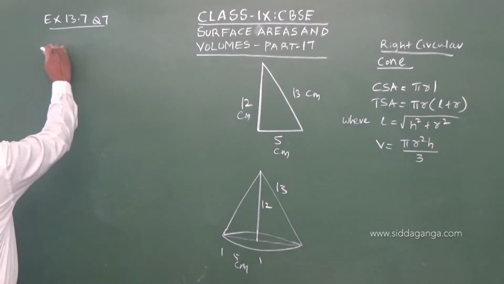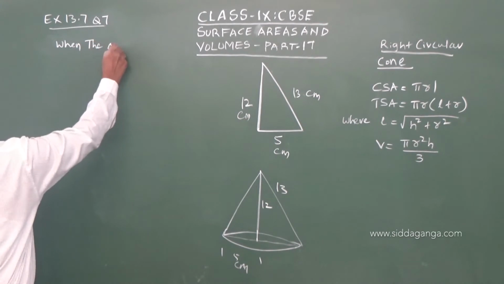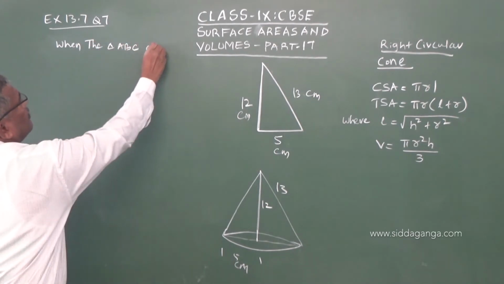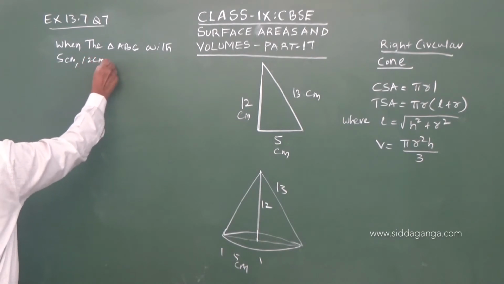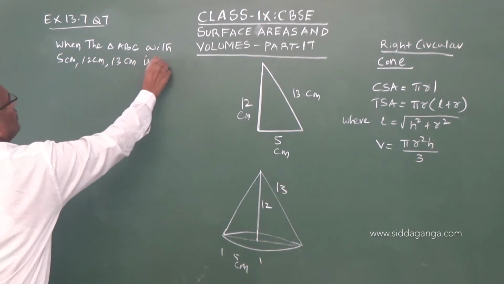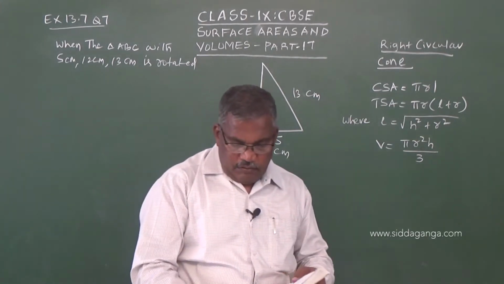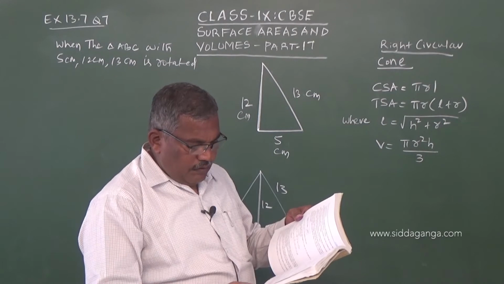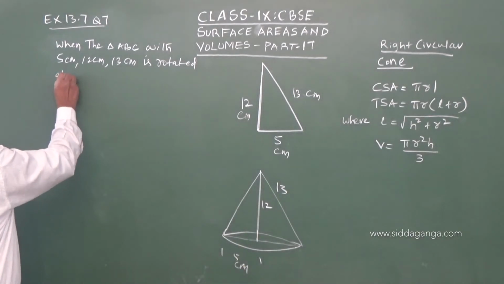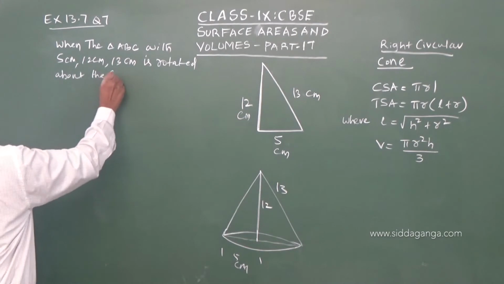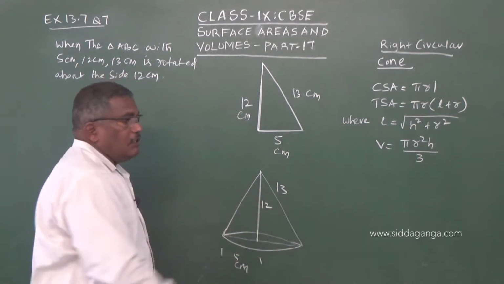Therefore, when the triangle ABC with 5 centimeter, 12 centimeter, 13 centimeter is revolved or rotated, they are one and the same, about the side 12 centimeter, you can imagine this diagram.